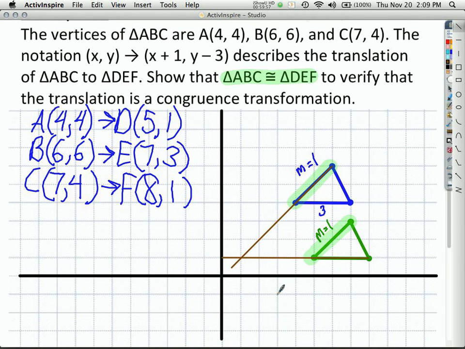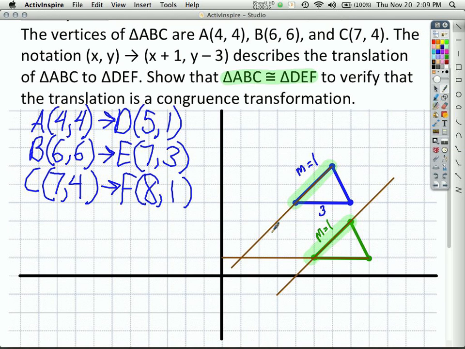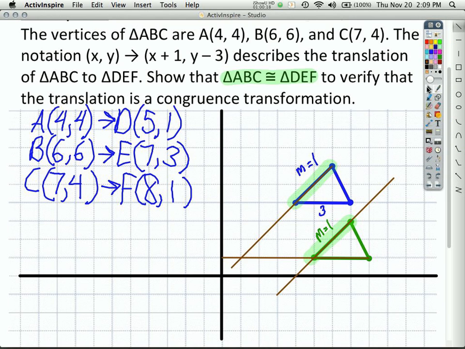Let me see if I can get it right. So this line is parallel to this one, and then I extended this line. So all I did was I kept the same lines, I just extended them, and now I'm going to cover this up a little bit.